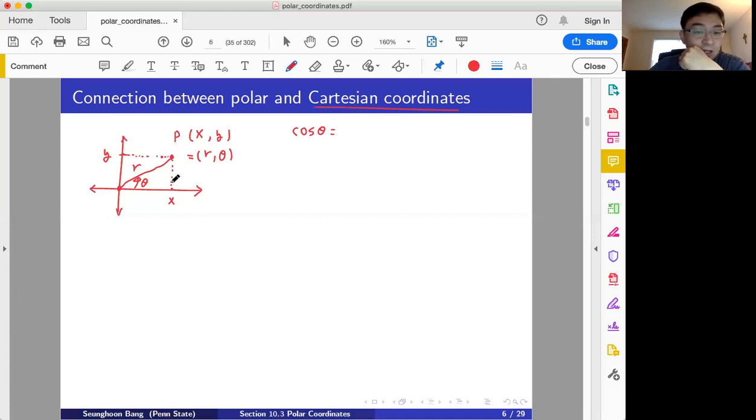Yep, this is a right triangle. Cosine theta is adjacent over hypotenuse, x over r. What is sine theta?